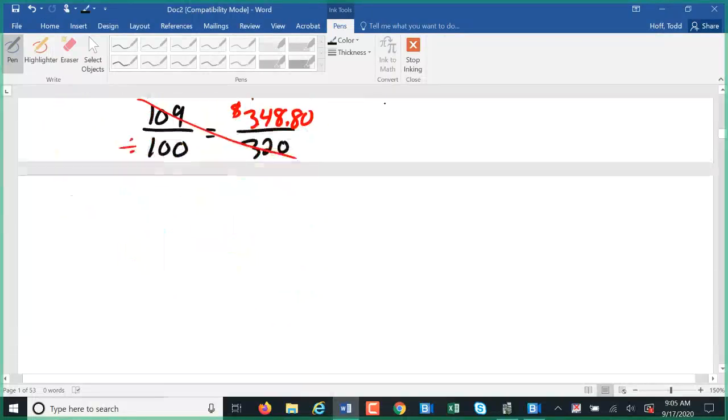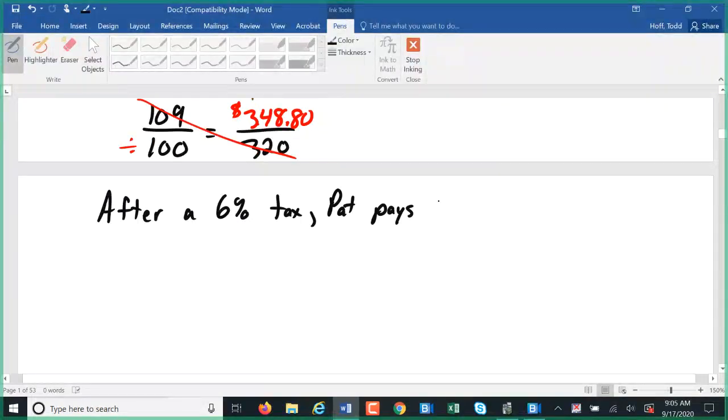But we can run into problems where we have something like this. After a 6% tax, Pat pays $265 for supplies. How much was the tax?